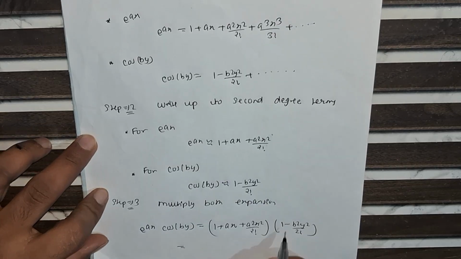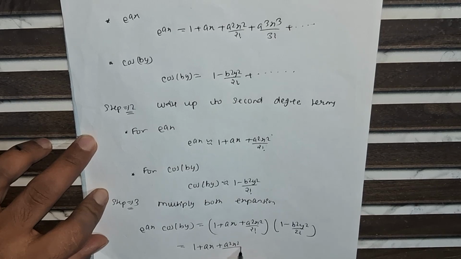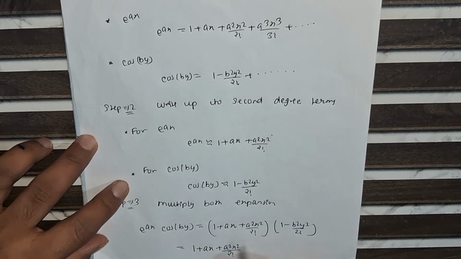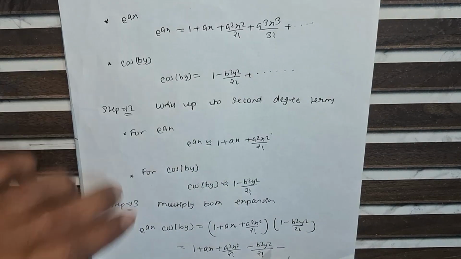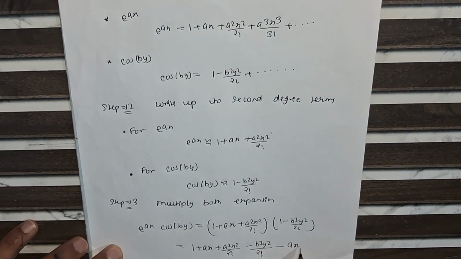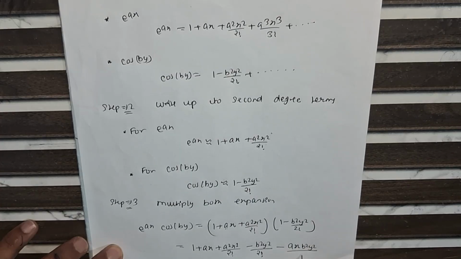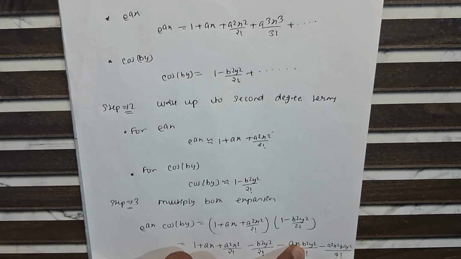When you multiply, it becomes 1 plus ax plus a square x square by 2 factorial, this is for 1, minus b square y square by 2 factorial, minus when you multiply ax by this it becomes ax b square y square by 2 factorial, minus a square x square b square y square by 4 factorial, 4, because 2 factorial is 2 and 2 into 2 is 4.